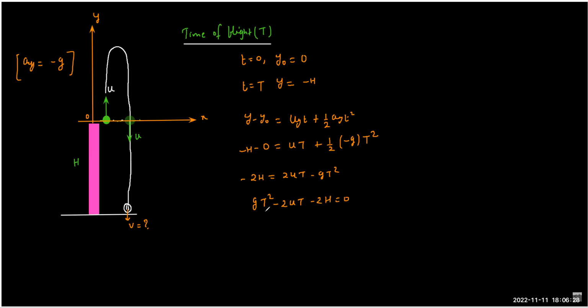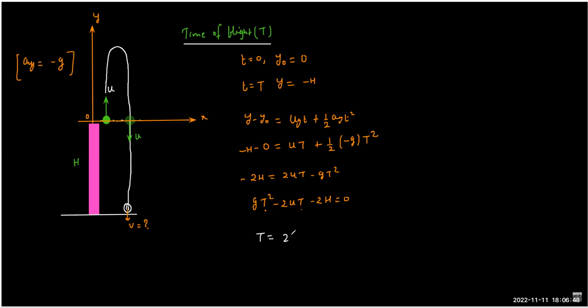What we are trying to figure out here is the t value. Because it is quadratic in t, how to get the answer? Tell me. We can use the quadratic formula. Yeah. So what is the formula? Minus b plus minus root of b square minus 4ac.